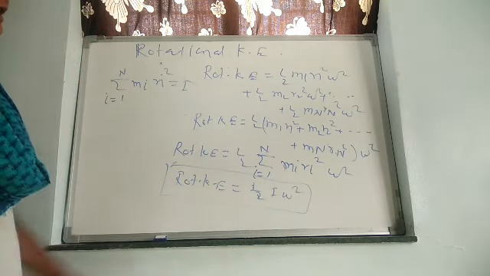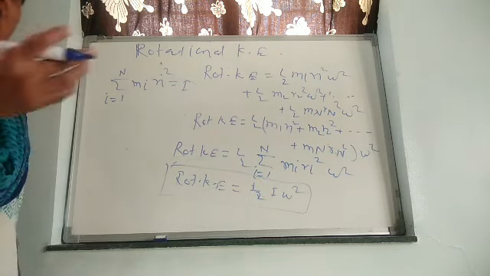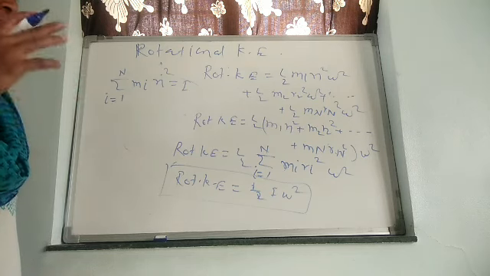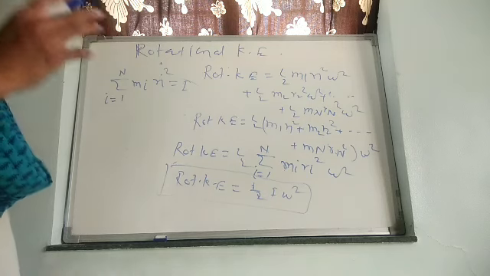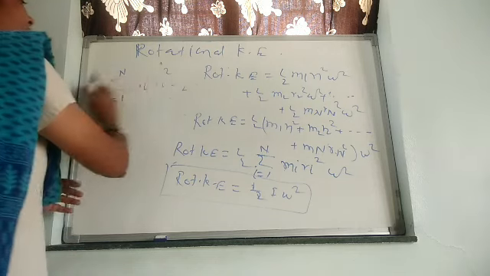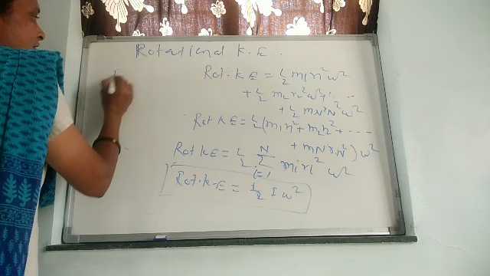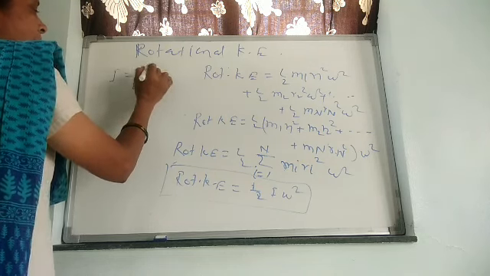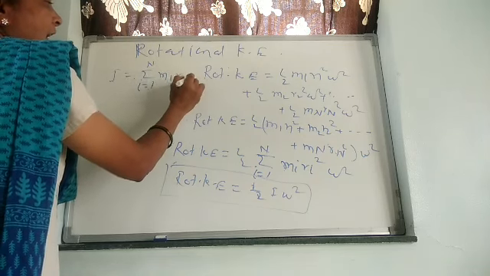Here we have seen this term I is called the rotational inertia, or it is also called the moment of inertia of the body about an axis of rotation. Therefore, moment of inertia I is equal to summation i from 1 to n of mi Ri square.